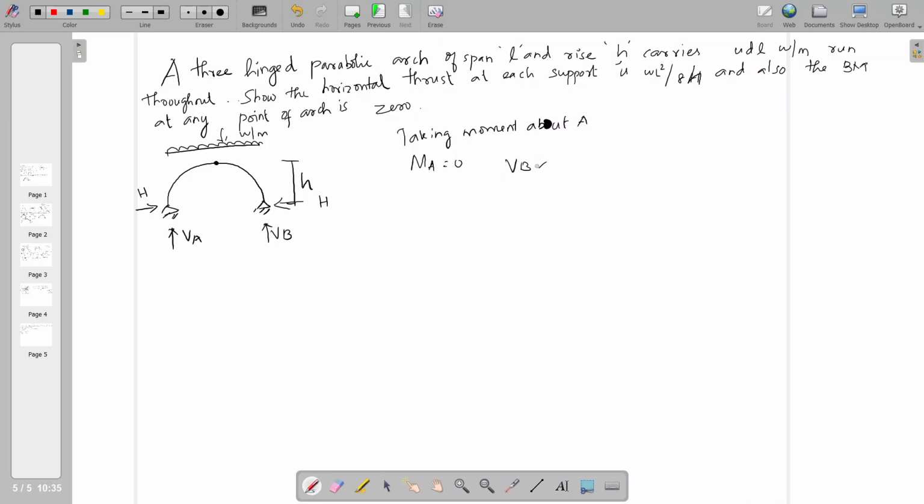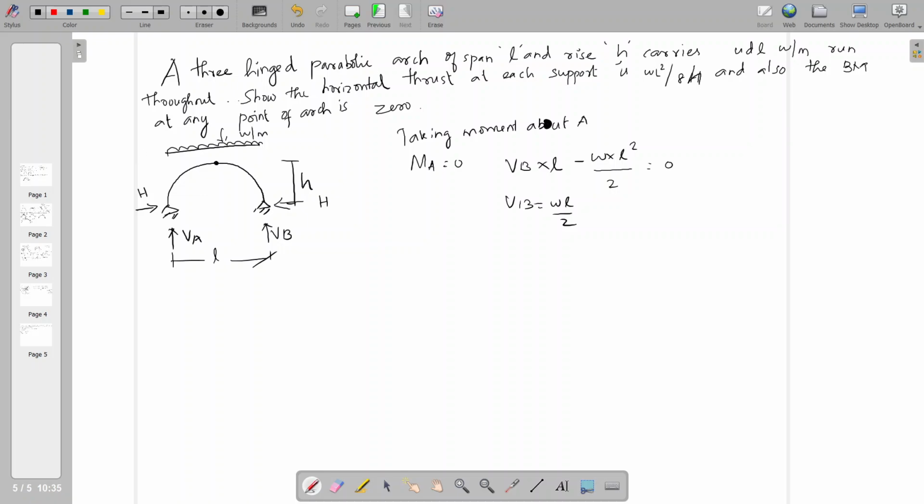So VB into the span L, VB into L, is rotating in this direction, and the load is rotating in the opposite direction, minus W into L square by 2 equal to 0. So VB equal to WL by 2.